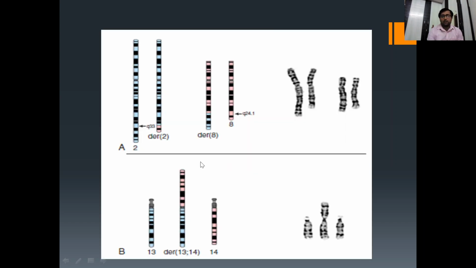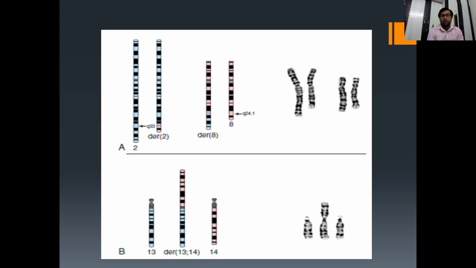In this diagram we can see genetic material from this chromosome and this chromosome fused together, so the short arm is lost from both. Here in chromosomes 13 and 14, the short arm is lost and the two long arms combine to make one chromosome. So finally we find three chromosomes in Robertsonian translocation.